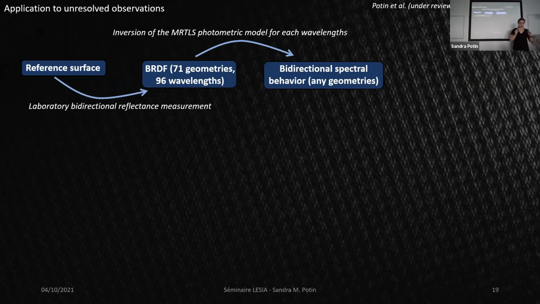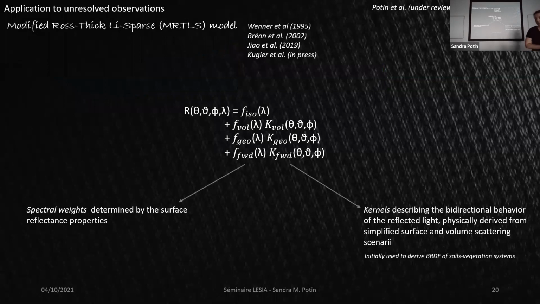We tried the APKI model and the MRTLS model. This one here is a quadratic sum of various terms that we call kernels, that describe how the light is reflected by your surface. It recreates the general amount of reflectance. It recreates the backward scattering, the forward scattering, the specular direction, the opposition effect also. It's based on real physical parameters, so it's on these terms here.